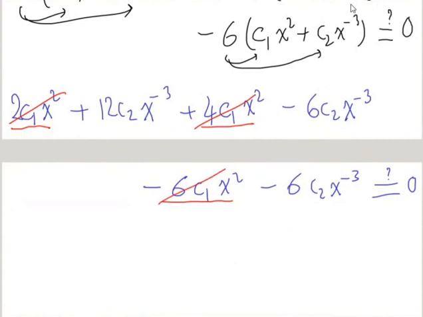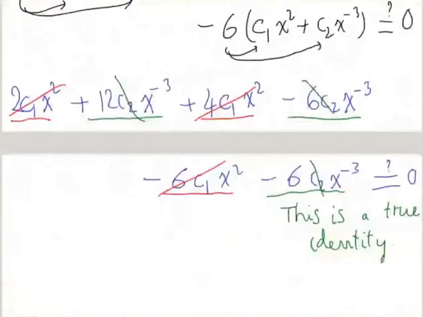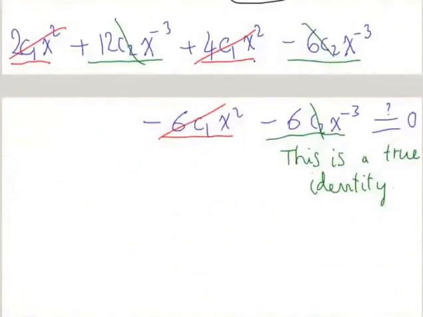For the other terms, 12 c2 x to the negative 3 minus 6 c2 x to the negative 3 minus 6 c2 x to the negative 3. Again, they cancel out. And this is a true identity. So we have verified that everything like above works.